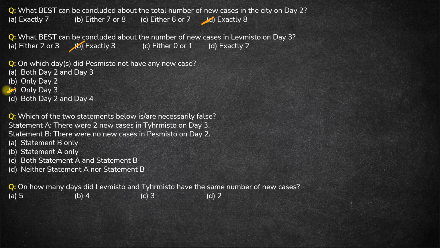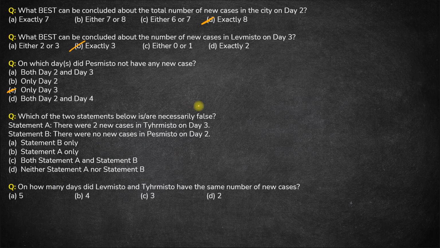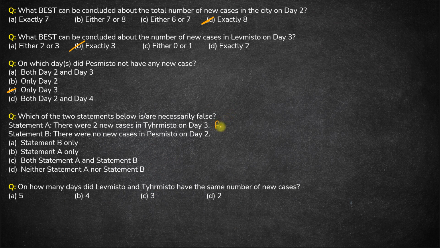Right? Next question, which of the two statements below is or are necessarily false? First statement, there were 2 new cases in T on day 3. So T on day 3, there were 2 new cases. No, there were actually 3 new cases. So this is false. Fine.